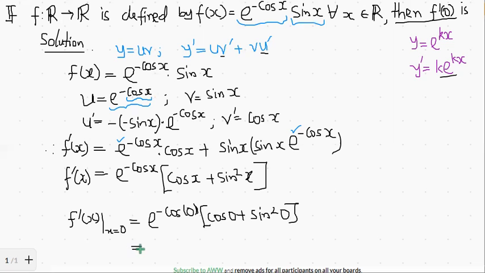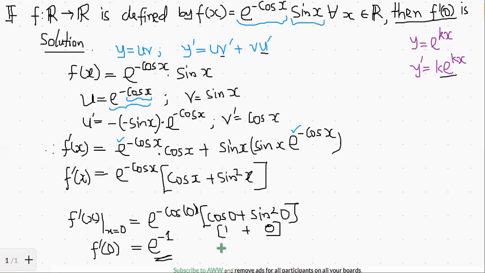Of course, cos 0 is 1, so this is e to the negative power of 1. Cos 0 here is 1, sine 0 here is 0. 1 plus 0 is 1. And 1 times e to the negative power of 1 is e to the power of negative 1. So here is f prime of 0. We've arrived at our answer. Very short, simple, and precise.